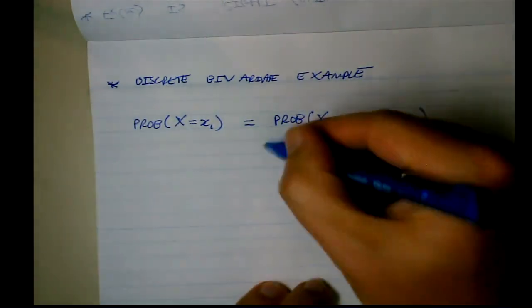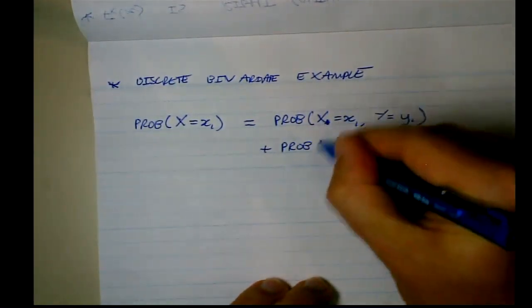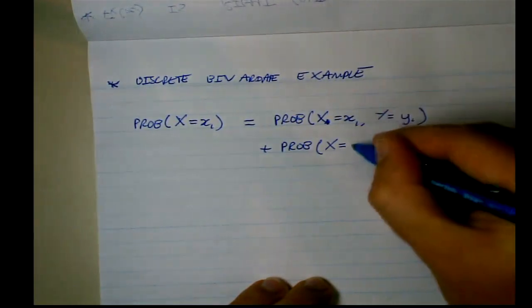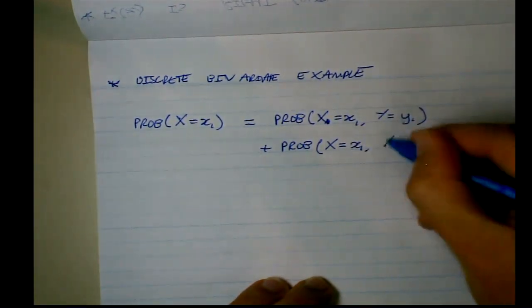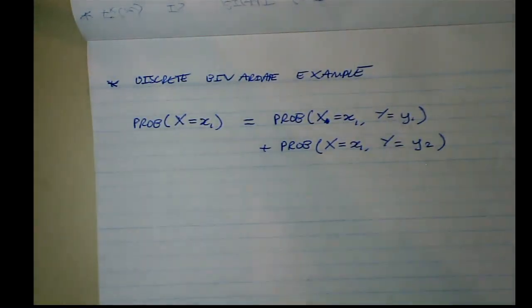Another case is if x is equal to x1 still, but y is equal to y2. Y can't take any other values, so those are all the ways in which x can be x1. You sum them up.